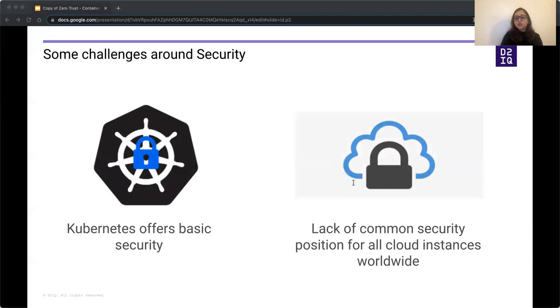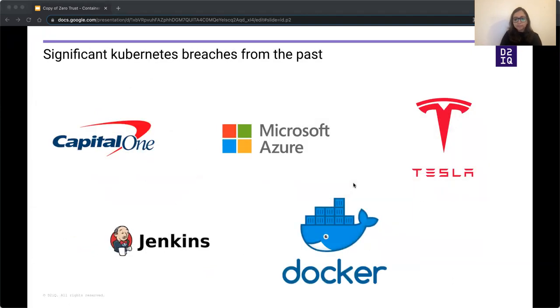Attackers know this and use it to their advantage. By applying evolved tactics, techniques, and procedures, attackers are exploiting edge cases. As a result, organizations like Capital One, Jenkins, Docker, and many others have experienced high-profile breaches.